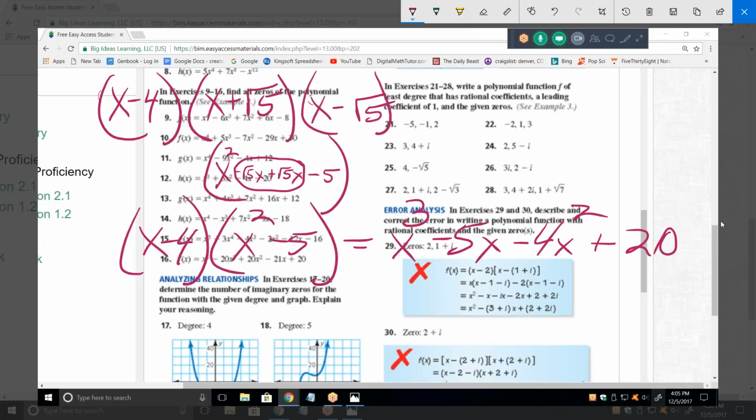Simplify. So x to the third minus 4x squared minus 5x plus 20. The only simplification was rearranging.